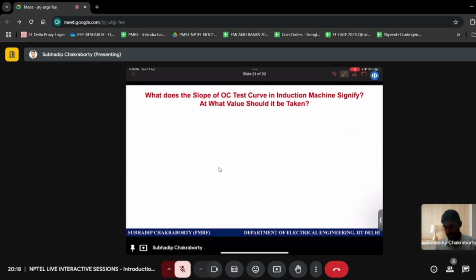So you must have seen that during the OC test we calculate VOC and IA. The current that is flowing is the no load current, and you slightly go on increasing the voltage and take it to the rated.